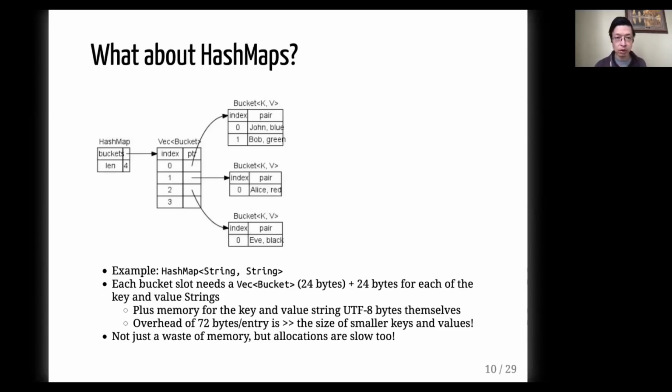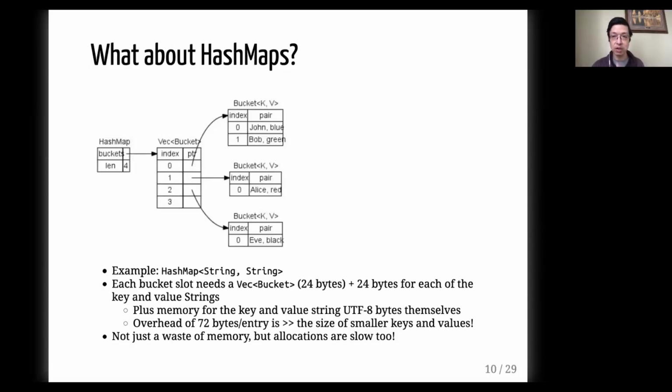So what we notice here is that the list of buckets is basically a vec of buckets. In each slot, a bucket points to a bucket, and then each bucket entry would be your key and value pairs for the items.